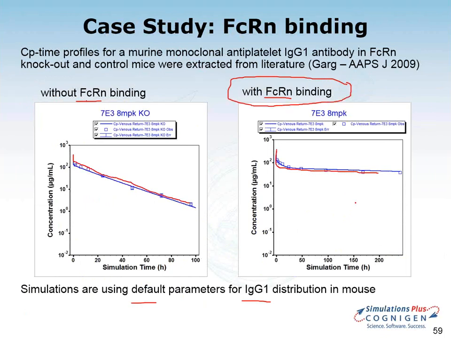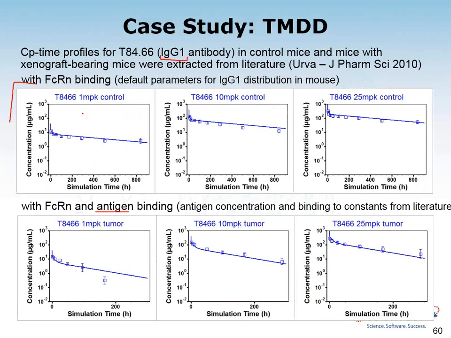The study was again done in mouse, so the same default parameters for the reflection coefficients, FcRn binding, were used for both studies, and as you can see, it nicely accounted for all of the doses. And finally, to account for the mice with the xenograft tumor, we expanded the model by adding a tumor tissue to the PBPK model, defined the on-off rates and the tumor expression level, and modeled the dose dependency again of the antibody when administered at different doses into this physiology.